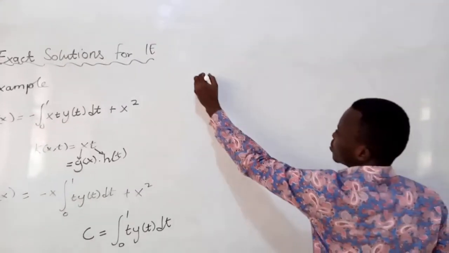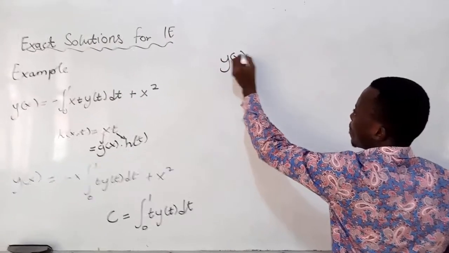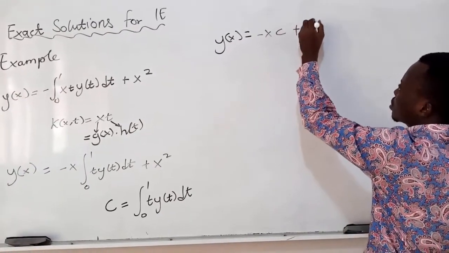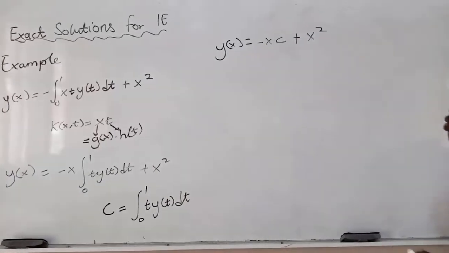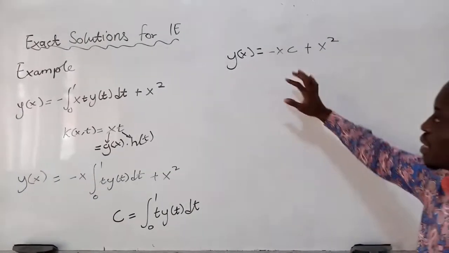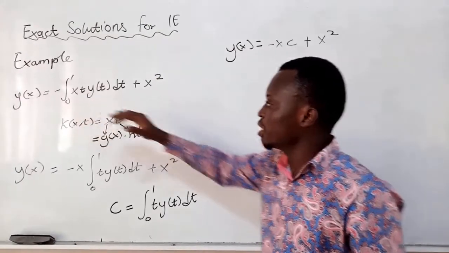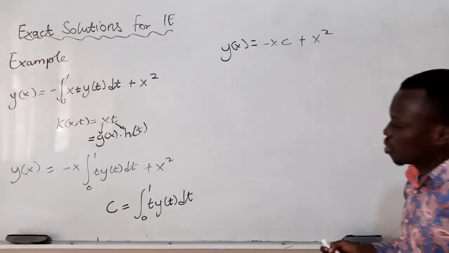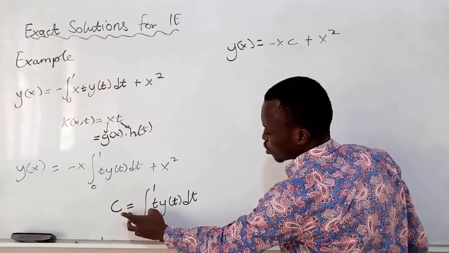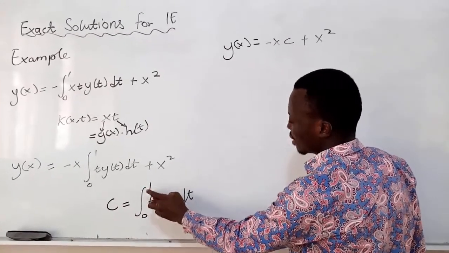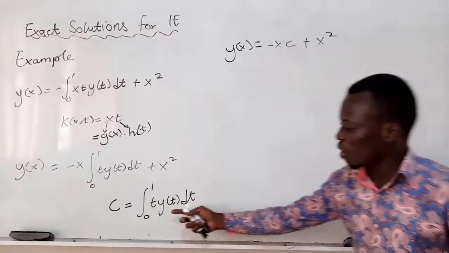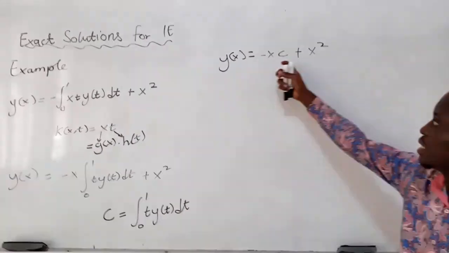So our y of s becomes minus s c plus s squared. This is a solution to this integral equation if we are able to solve for this constant. Now our constant is c equal to the integral from 0 to 1 of t y of t dt. Since you are having y of t here, let's interchange the s to t.